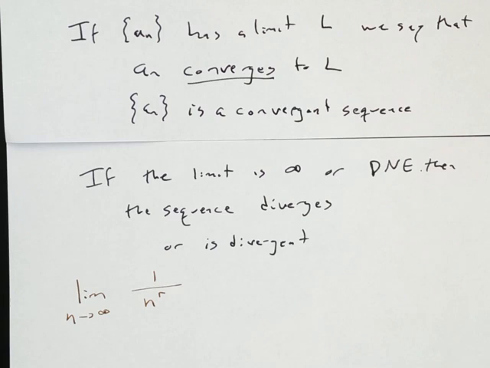If the bottom gets bigger and bigger and bigger, what happens to that as we go off to infinity? Again, it gets closer to 0. If I want that bottom to keep getting bigger, I need that r to be a non-negative number.